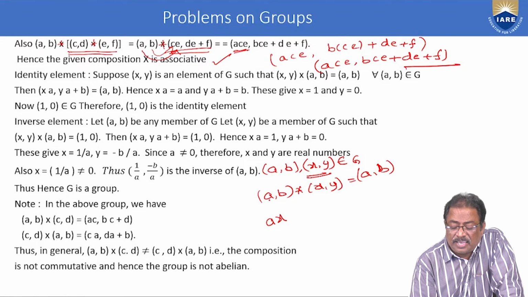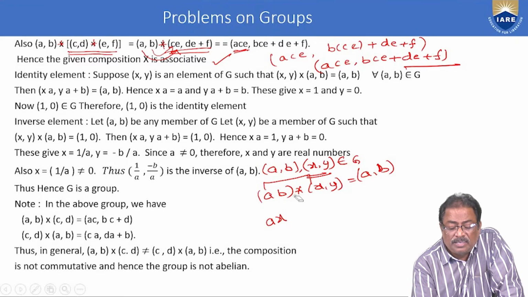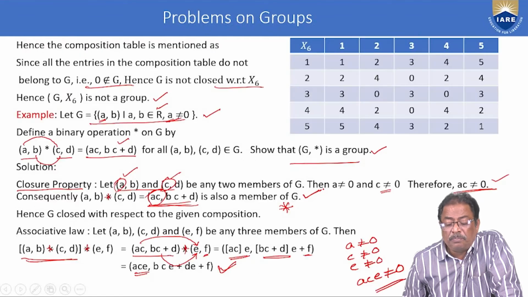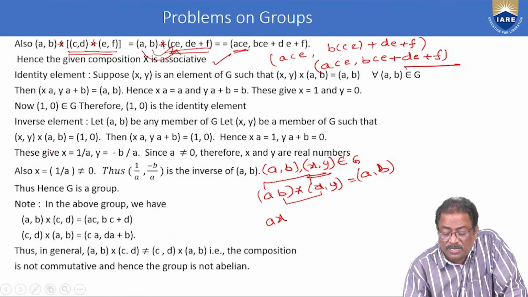AX, A into X, and the next one is B into X. For the second one I am taking B into X. See here it is given BC plus D, so what are we going to get?